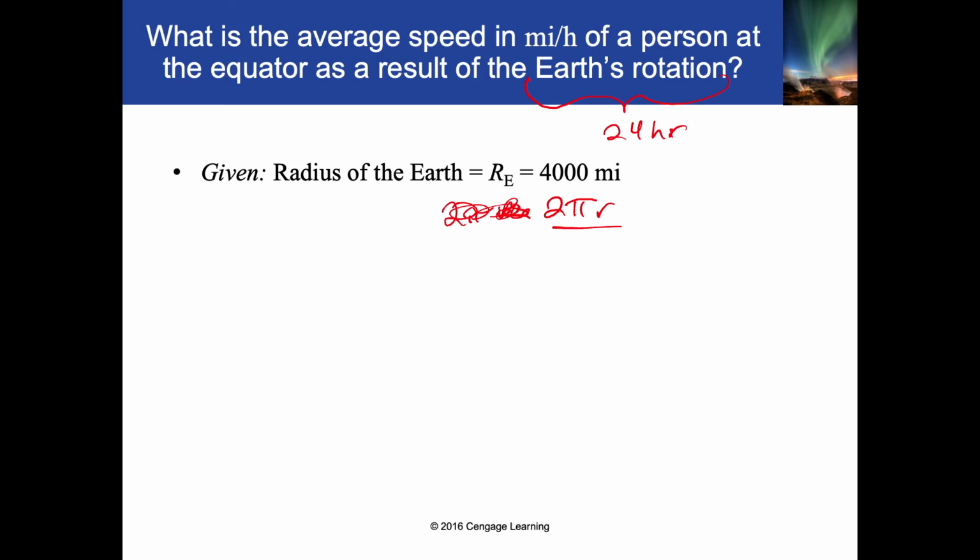We have the radius here too already. Thank God for that. It's given. So circumference of the Earth equals 2 times pi, which is what again? 3.14 times the radius of the Earth.